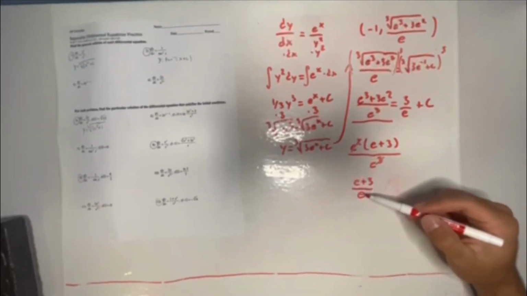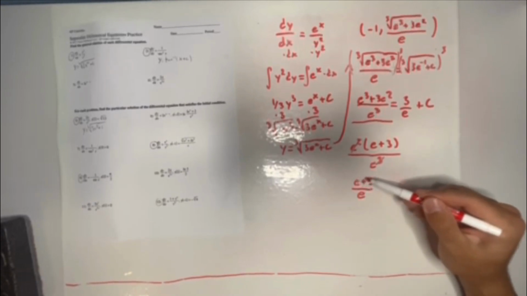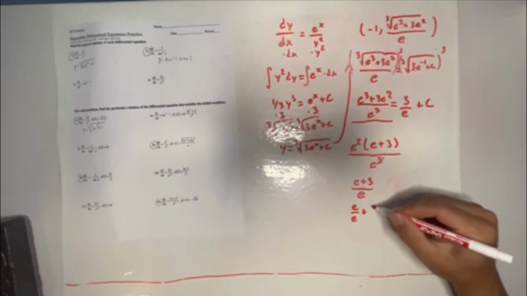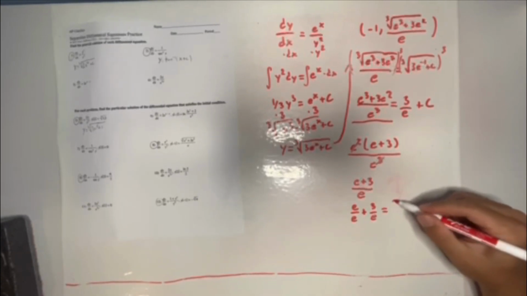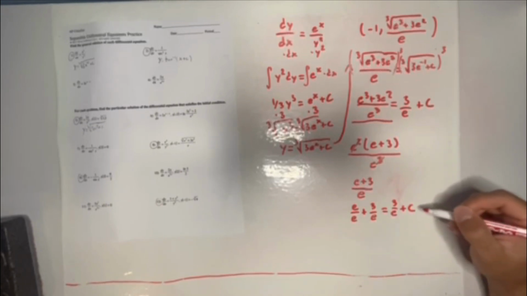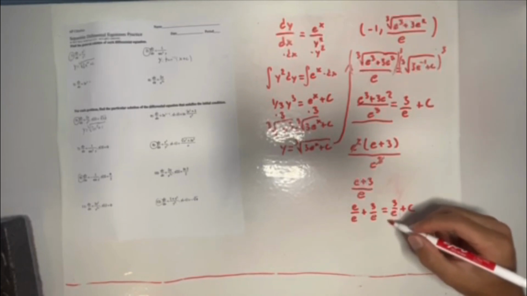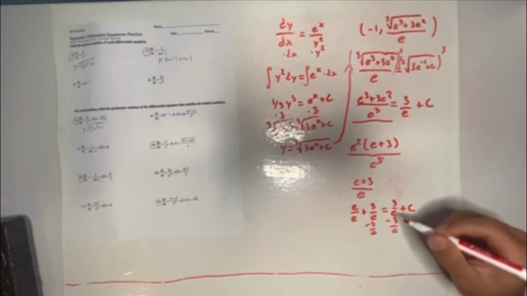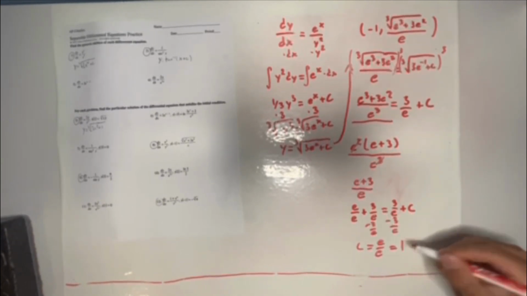When you have a common denominator, you can actually split up the e and the plus 3 to get e over e plus 3 over e. And now we can set that equal to 3e plus c. And that just gets us minus 3e. And we have c equals e over e, which just equals 1.